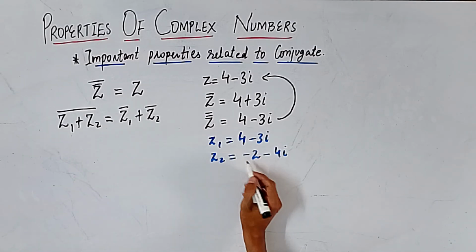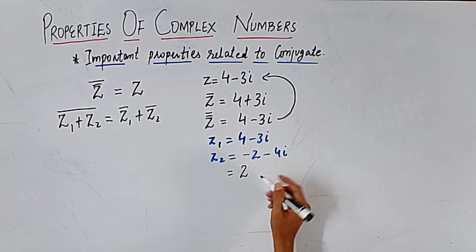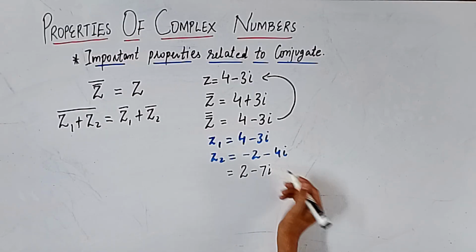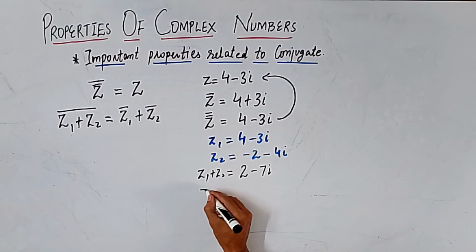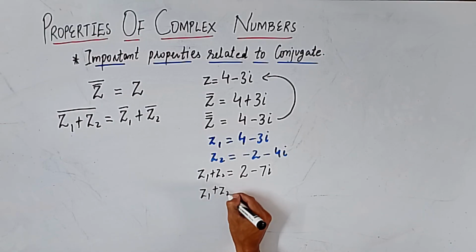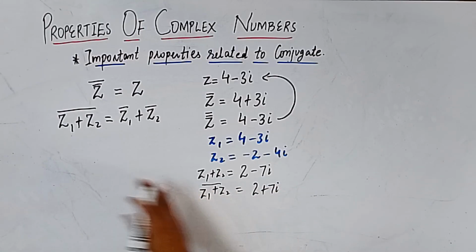First of all, add them. So 4 minus 2 is 2, and minus 3 minus 4 is minus 7 iota. I'm doing it a little bit directly. So this is the sum. Now if I take the conjugate of it, it will be 2 plus 7 iota. This is the left hand side.